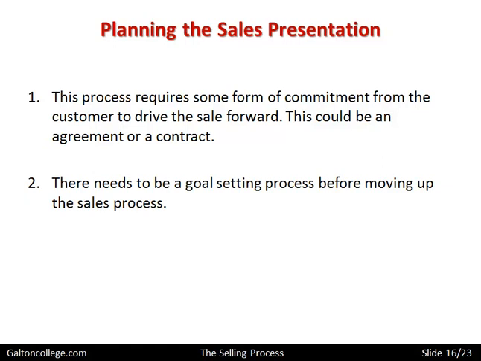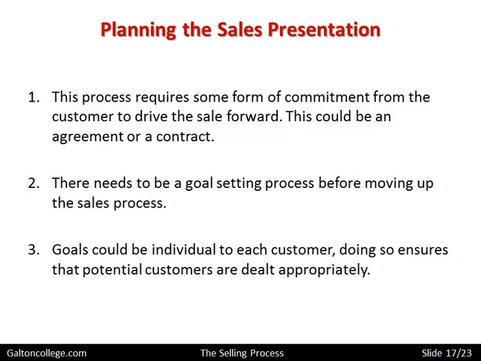There needs to be a goal-setting process before moving up the sales process. They must set out what they want to find out. The customer must ask the relevant questions, and the salesperson must answer the questions honestly and openly, and the salesperson can legitimately ask for some more background information to see if the product is suitable.